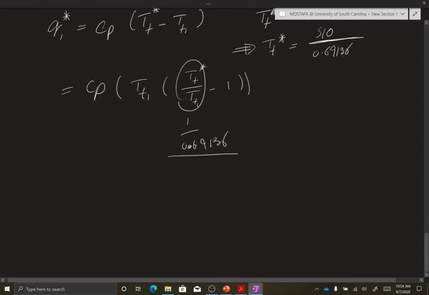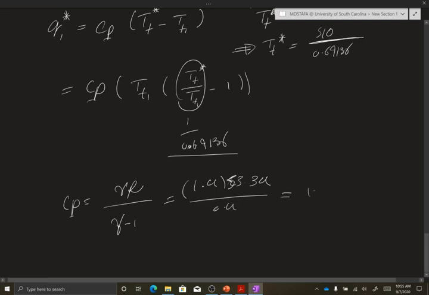The other parameter we need to calculate is your CP. Again, gamma R over gamma minus 1. CP is 1.4 multiplied by 53.34 divided by 0.4.